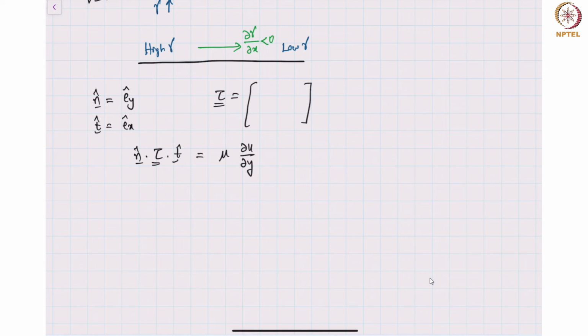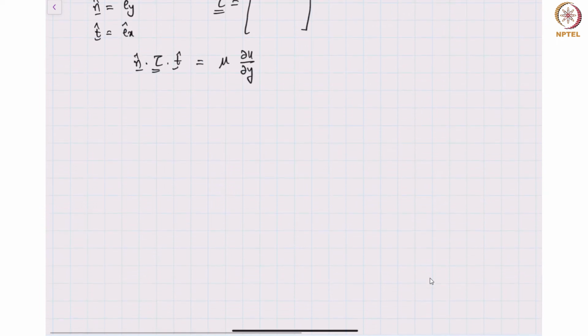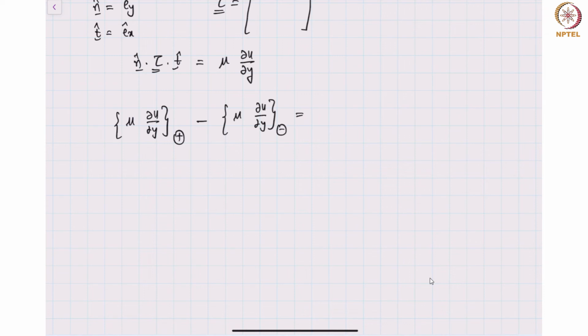Here, mu can be either the viscosity of the liquid below or above. So now I have mu times del U by del Y on the plus side minus mu times del U by del Y on the minus side. This is equal to minus del gamma by del X.